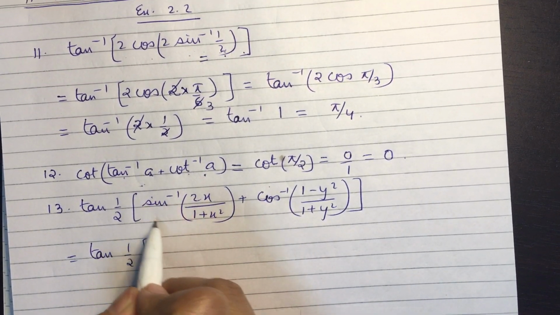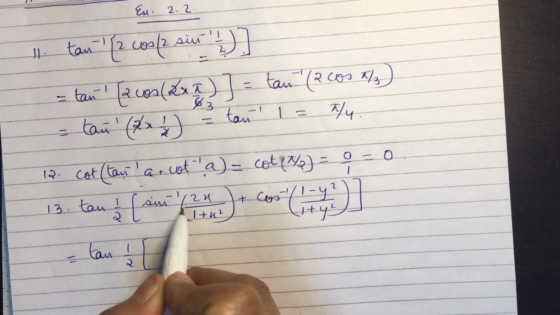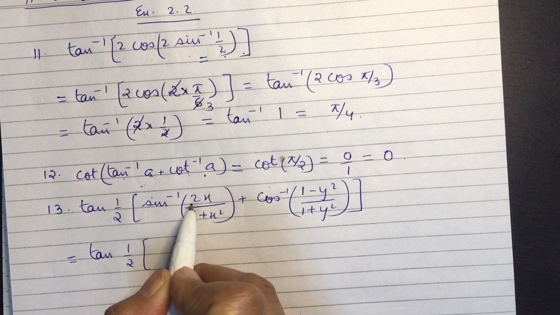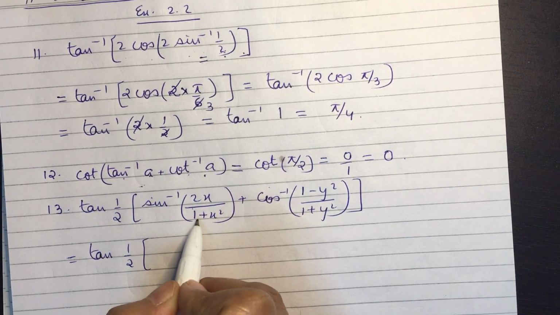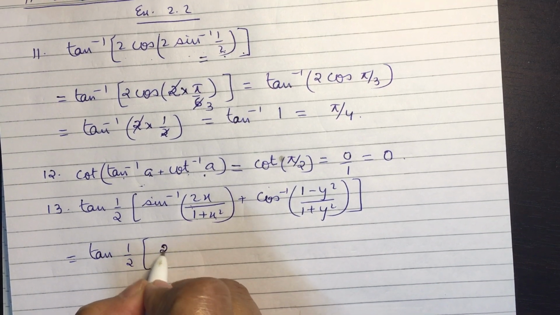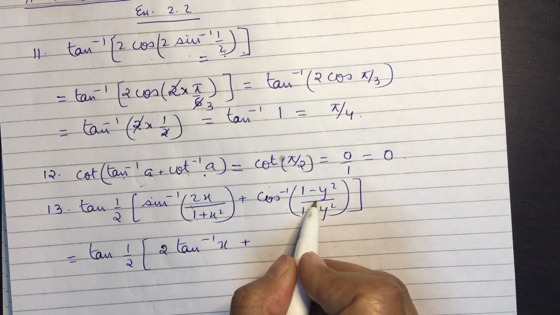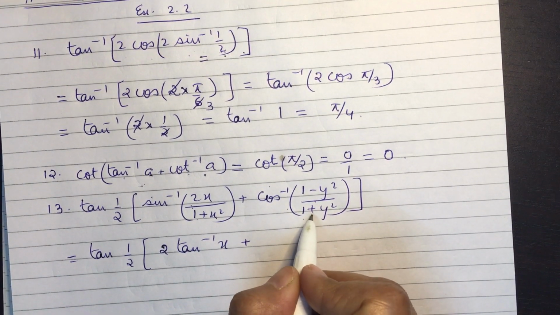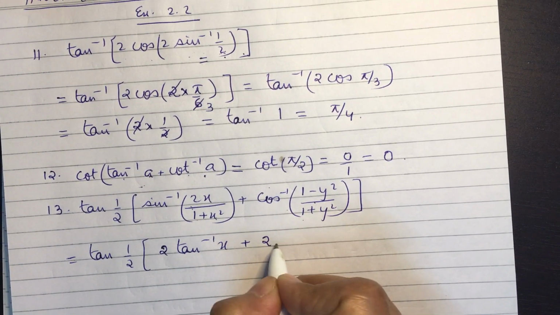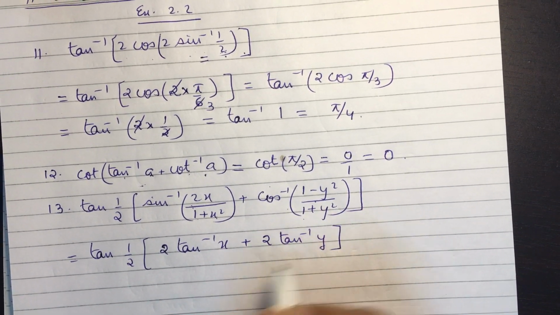Now if you just go through the last set of properties of inverse trigonometric functions, sine inverse 2x over 1 plus x square can be written as 2 tan inverse x. Similarly, cos inverse 1 minus y square over 1 plus y square can be written as 2 tan inverse y.